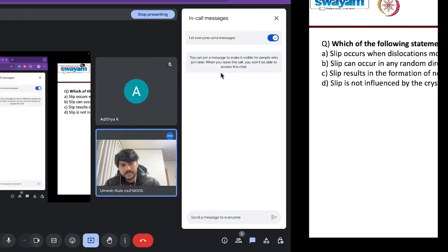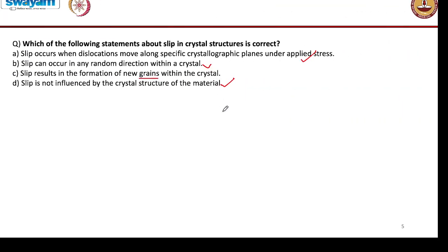So please answer. We'll wait two minutes for everyone to think about what slip is, how slip occurs, and what the characteristics of slip are in a crystalline structure.